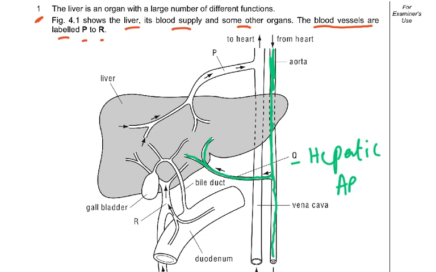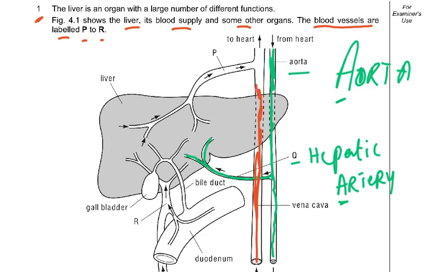This is just for you to understand, and I'm explaining this to you. So, aorta, A artery. And then anything which is entering the vena cava, this is the vena cava which they have labeled here. And you can see this is going to the heart. This is coming from the heart, so this has to be the aorta.